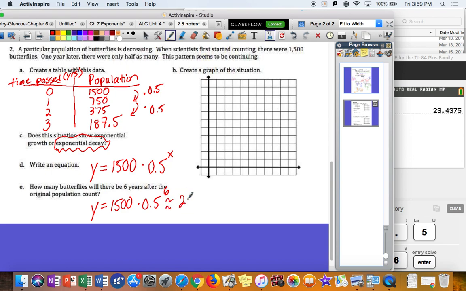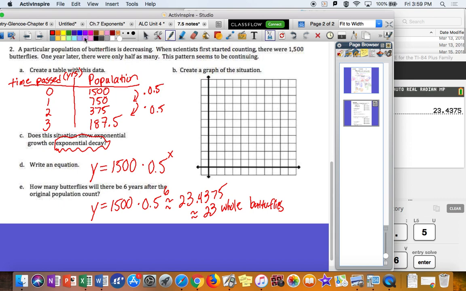So 23.4375, but really that means there's 23 whole complete butterflies. Okay, start at 1,500, and after 6 years with exponential decay, we're already down pretty close to 0, honestly. 23 butterflies is not a whole lot compared with that amount of 1,500.